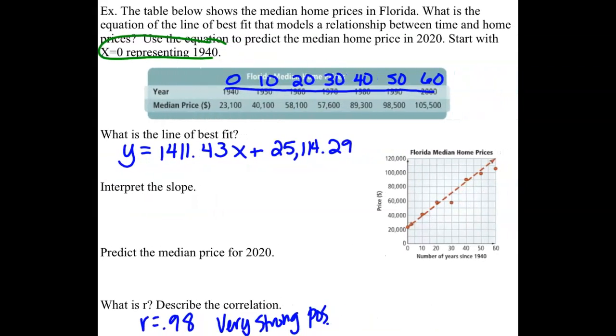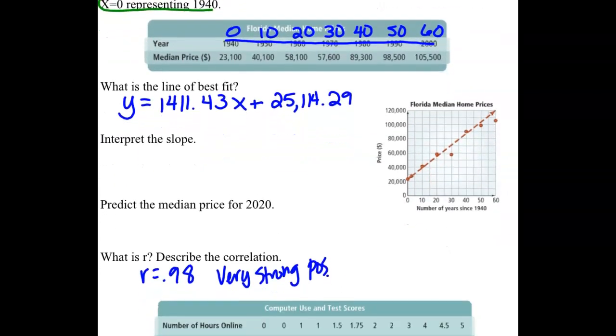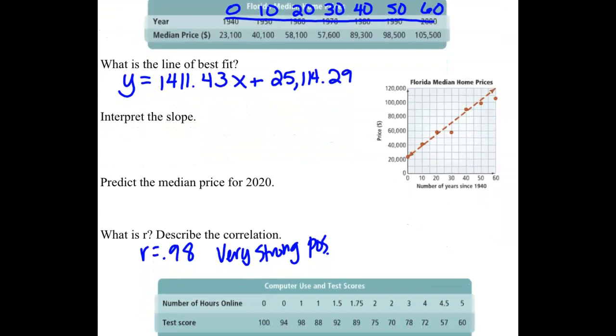All right. Interpreting the slope. Remember, our X values were the number of years since 1940, and our Y values were the median home price. So our slope is our Y value, prices per year. Okay?